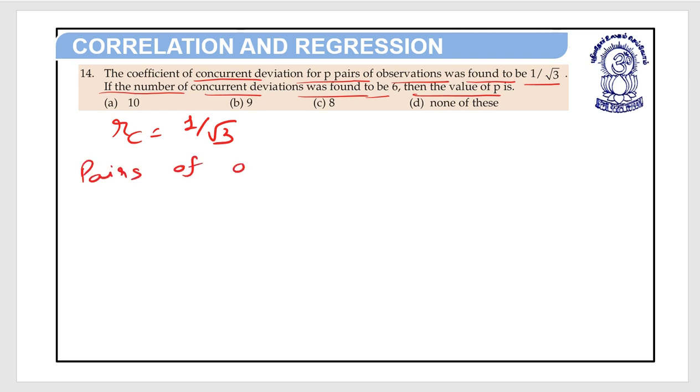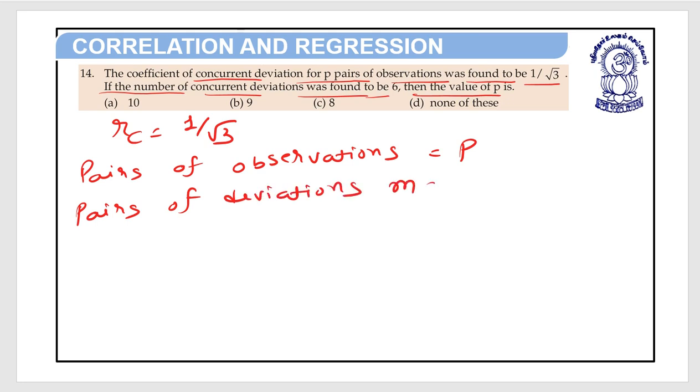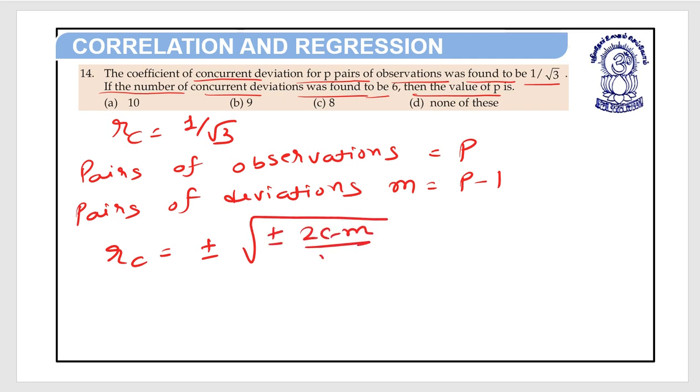Pairs of observations is equal to p. Then pairs of deviations m is equal to p minus 1. So the formula is RC is equal to plus or minus under root plus or minus 2c minus m upon m. Here c is equal to 6.